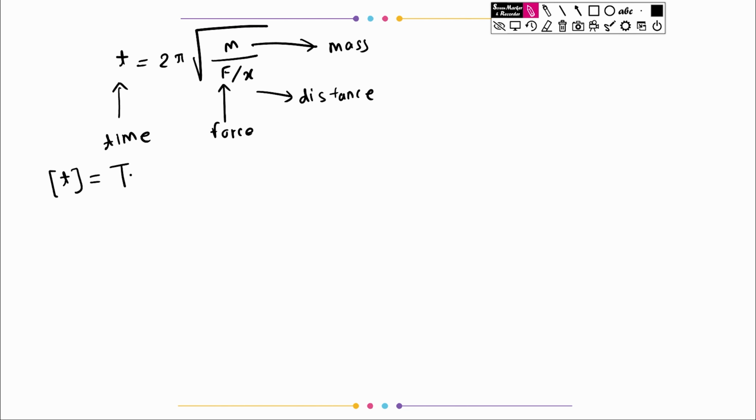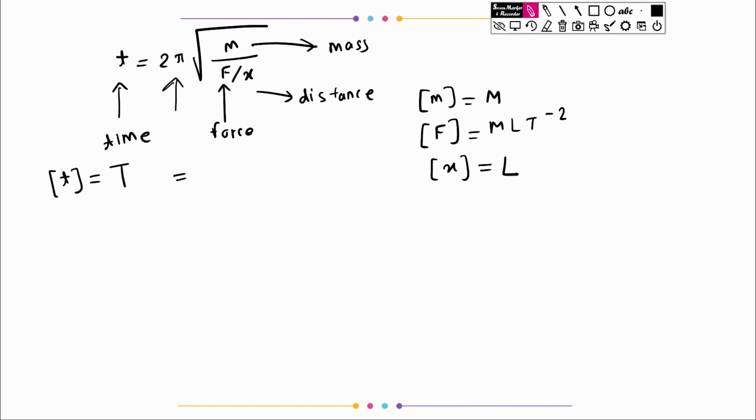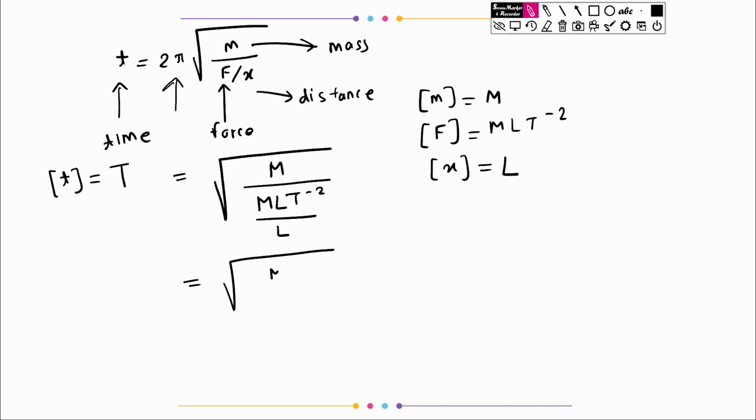Dimension of time is T. On the right hand side, first we have a number, so a number has no dimension. Now we have mass, so dimension of mass is capital M. Already we have learned the dimension of force is M L T to the power minus 2, and dimension of x, that is distance, is L. So we can write capital M divided by M L T to the power minus 2 divided by L. So the L will cancel out, and the M will cancel out.